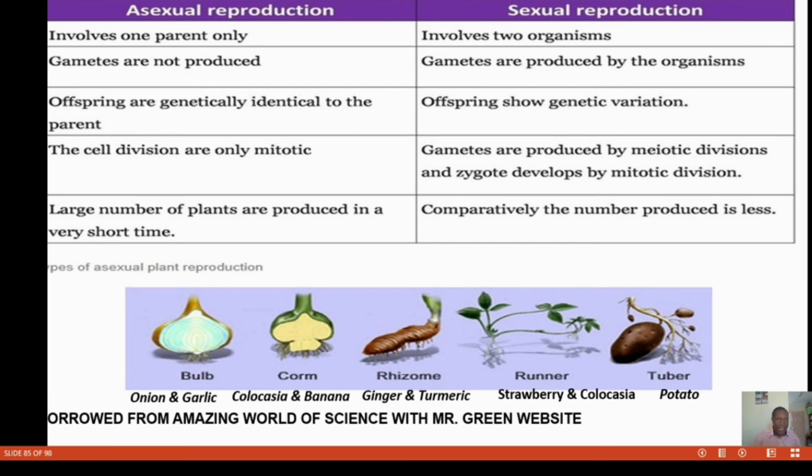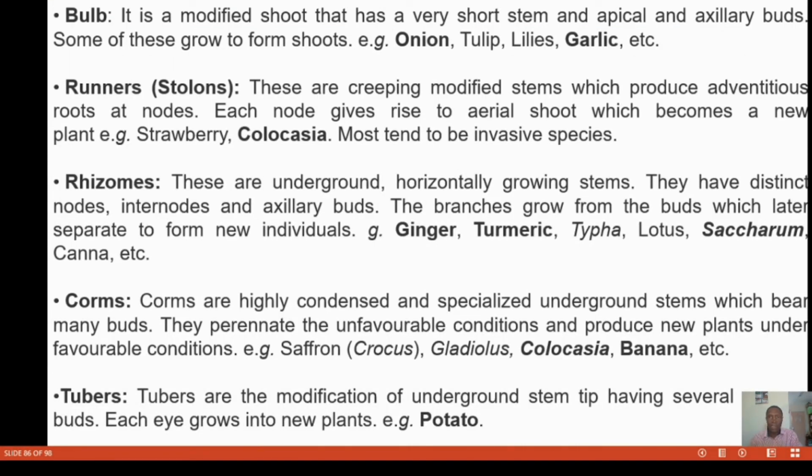Then we have the strawberry and the colocasia again. You can see the colocasia has both a corm and also it has the runners. And then we have the potato. All these asexual parts can be asexually propagated. And so we have a description of these various ones: the bulb, the runners, the rhizomes, the corms, and the tubers.